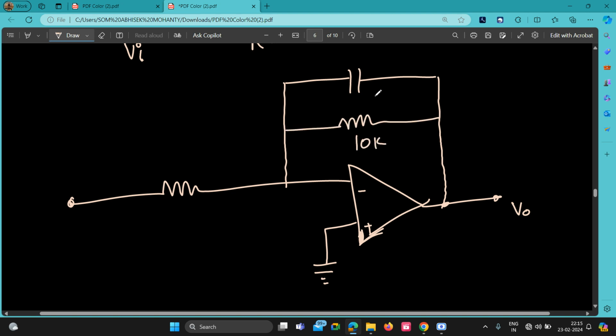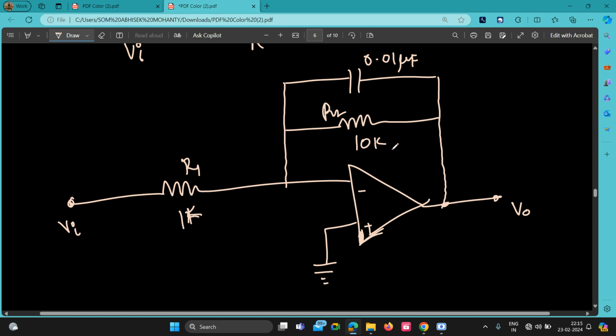This is 10k, 0.01 microfarad. Okay, this is R1. This is R2, 1k, Vi. Okay, so this is this.